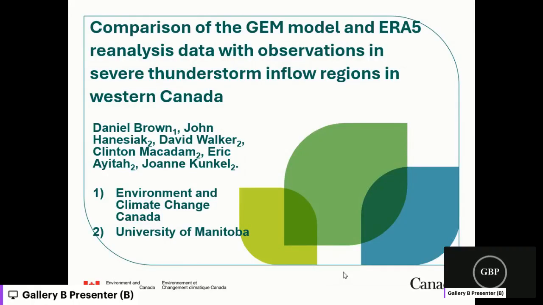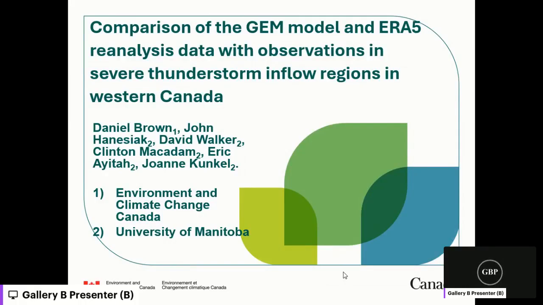I've focused on severe thunderstorm inflow situations because this arises from being a forecaster and getting frustrated when it was wrong in those situations, especially at those key times. So I just want to thank my co-authors. We were both sort of independently working on this, and we talked about it a few months ago and decided to combine our efforts into this presentation.